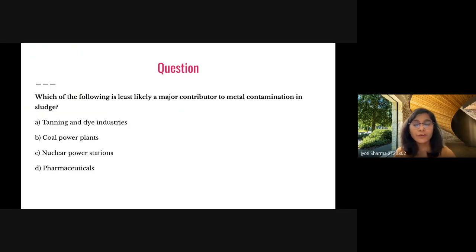Okay, which of the following is least likely a major contributor to metal contamination in sludge? I think this is again a little easier question. Tanning and dye industries, coal power plants, nuclear power station, pharmaceutical.